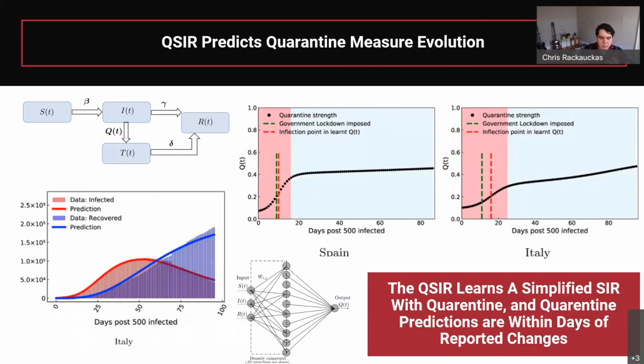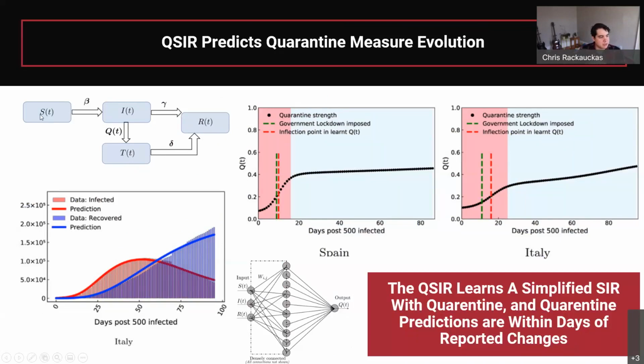So one thing that we did here, this was actually fairly early in the pandemic, we looked at this idea of, well, the simplest model you can have of a pandemic is SIR, but if someone is quarantined, then they're not in the population. So here's an SIR with a quarantine term, to be in a quarantine state, where anyone that's in the quarantine state is not causing people to get infected, right?